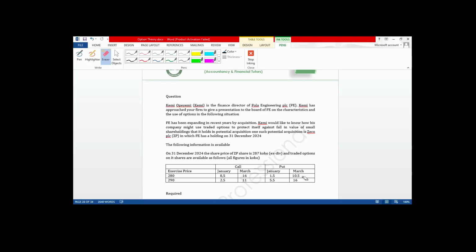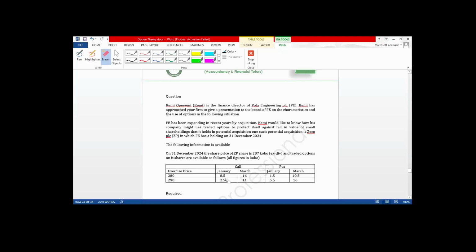Traded options on the shares are available as follows. All figures in kobo. You have the exercise prices 280 and 290. You have call options and put options, call option for March and call option for January.